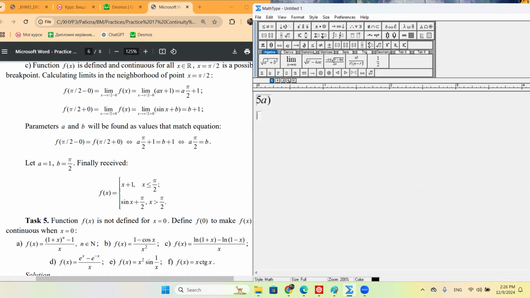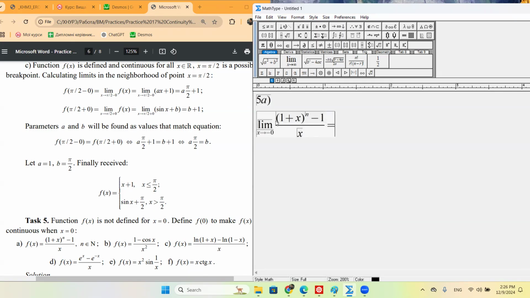So for the first case, the limit of the function at minus 0, the function (1 plus x) in a power of n, minus 1, divided by x.